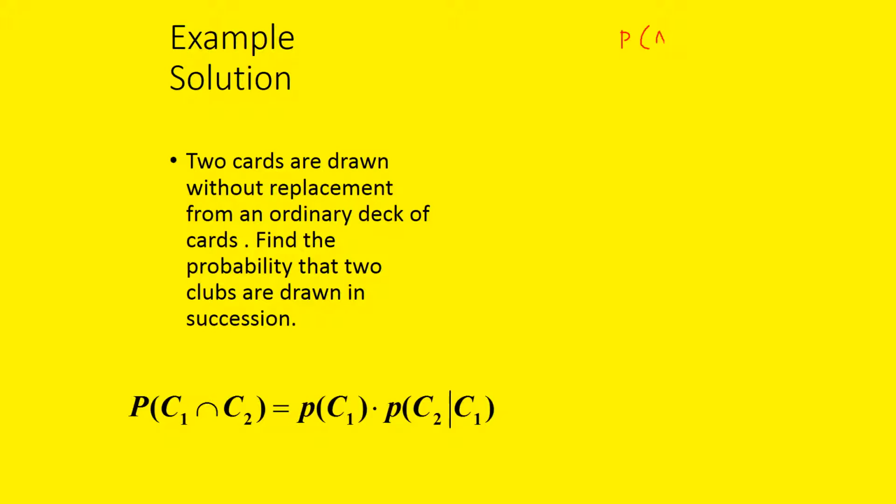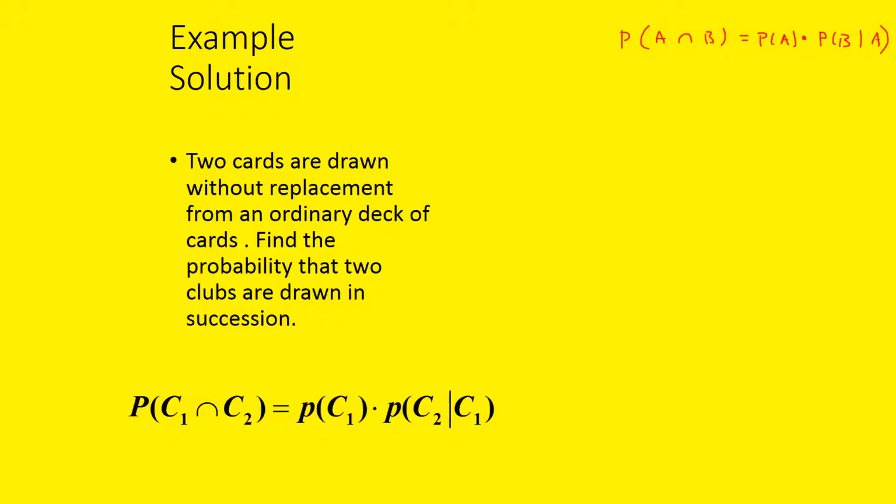So what was that? Probability of A and B is probability of A times probability of B given A. Here we're just replacing A with C1 and B with C2. So it'll be the probability a club is drawn on the first draw times the probability that a club is drawn on the second draw, given that a club was drawn on the first draw.